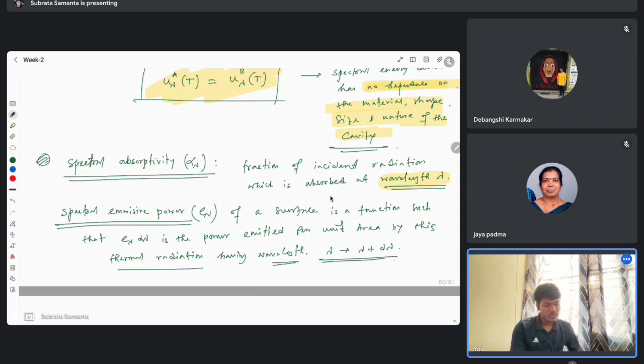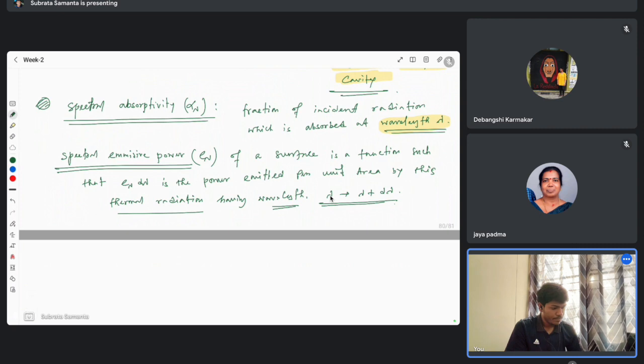So spectral absorptivity is the fraction of incident radiation which is absorbed at wavelength lambda, and emissive power is the power emitted per unit area by thermal radiation having wavelength lambda to lambda plus d lambda.